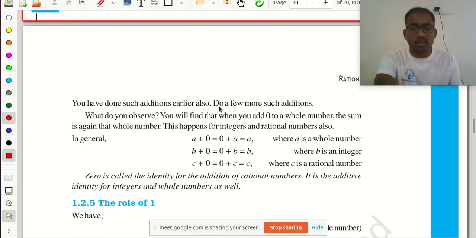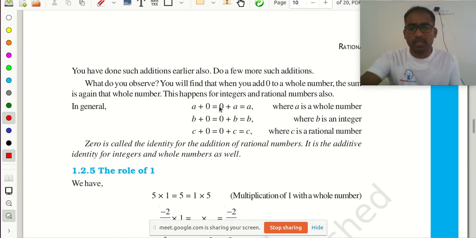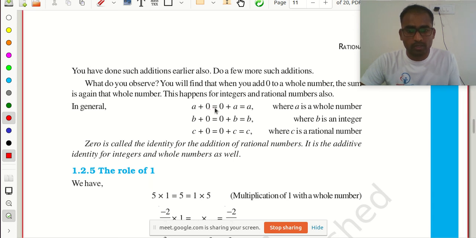Here A is a whole number, I add 0 to it, and 0 plus A gives A only. For B, an integer, I get B only, and for C, a rational number, I get C only.